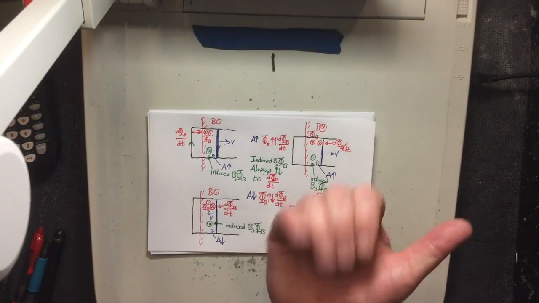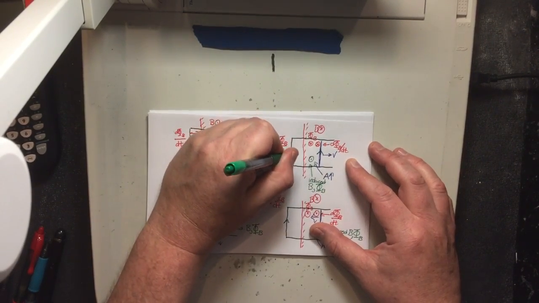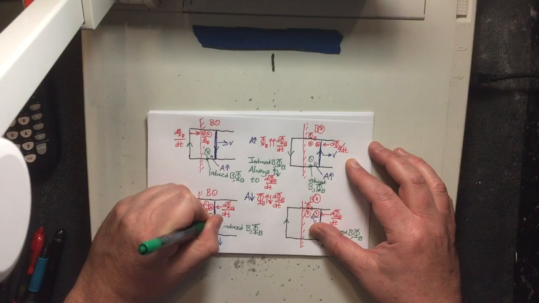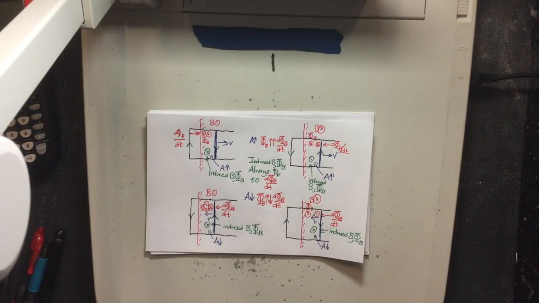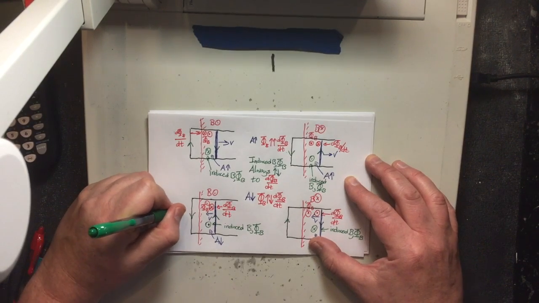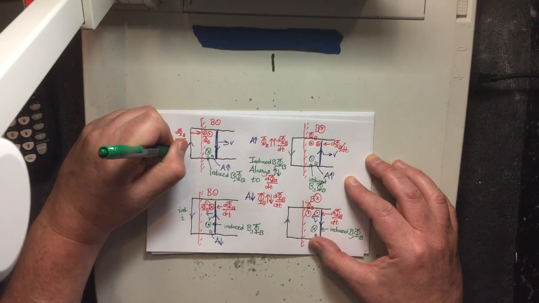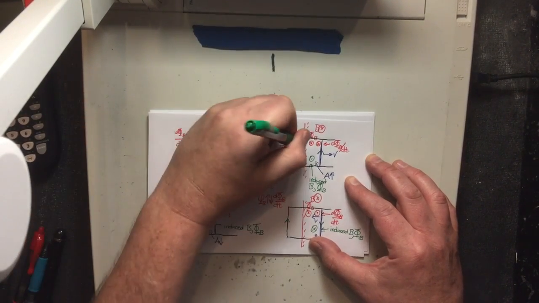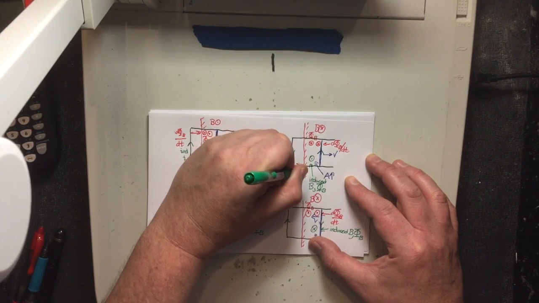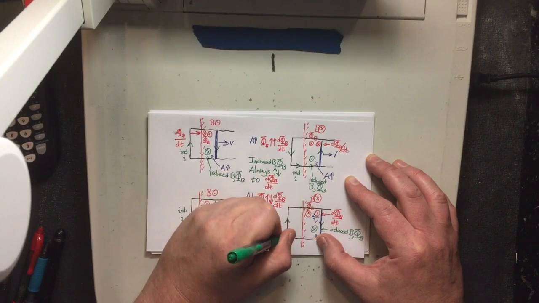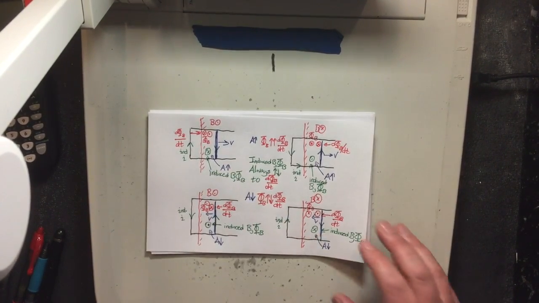To get the B field to come out, it has to be counterclockwise. And so those are the induced currents.